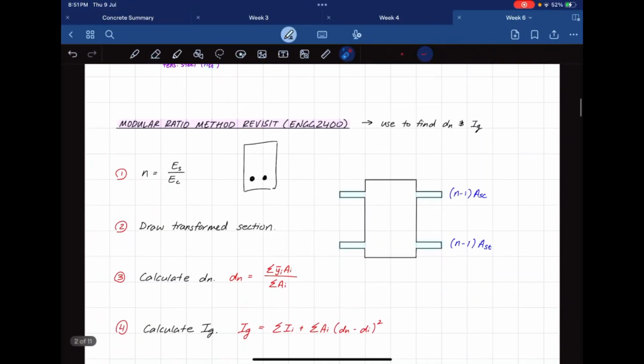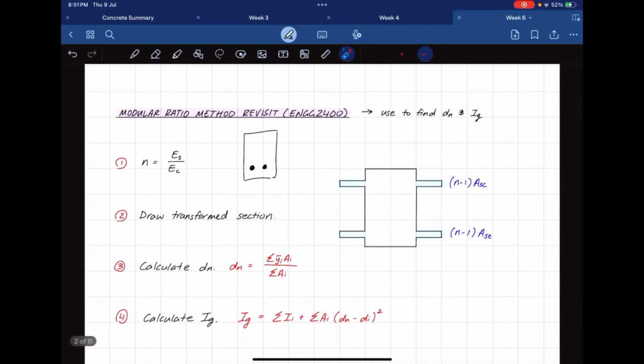Okay, I'm going into too much theory. I don't want to go into it anymore. But n is your factor, and you take ES over EC. ES is the elastic modulus of steel, and EC is the elastic modulus of concrete, which means I'm converting the steel into concrete.